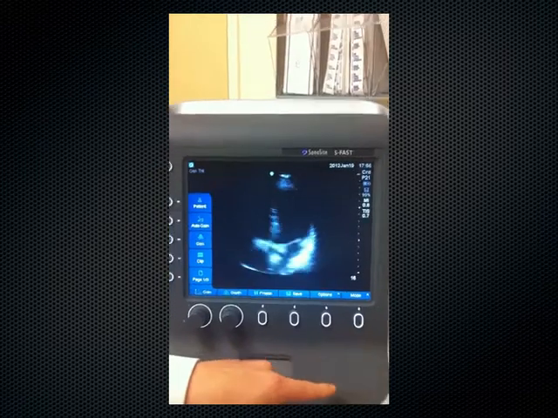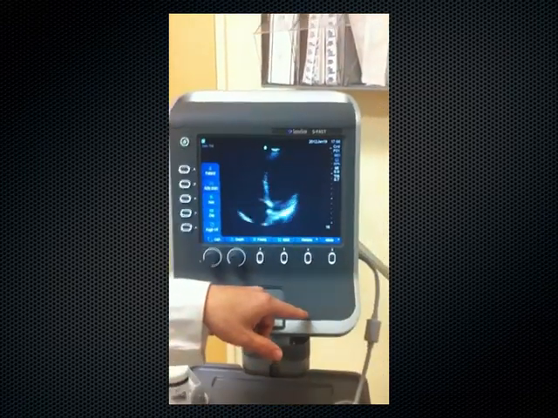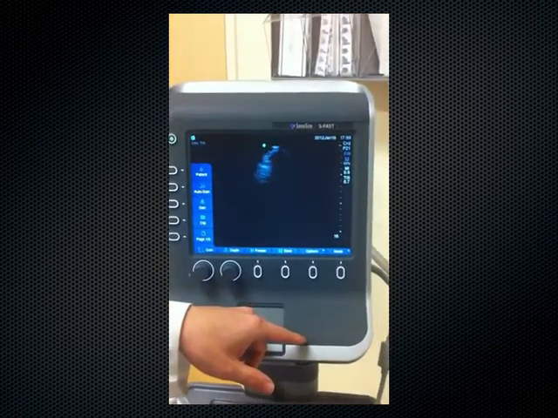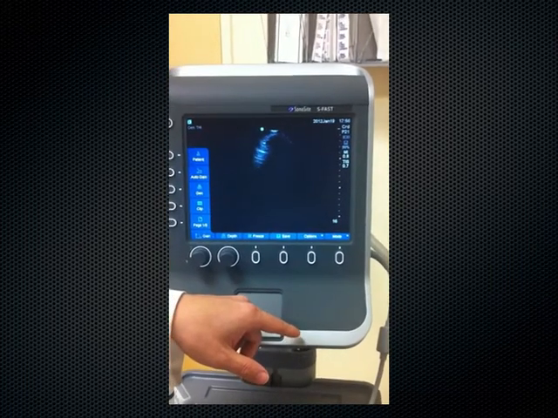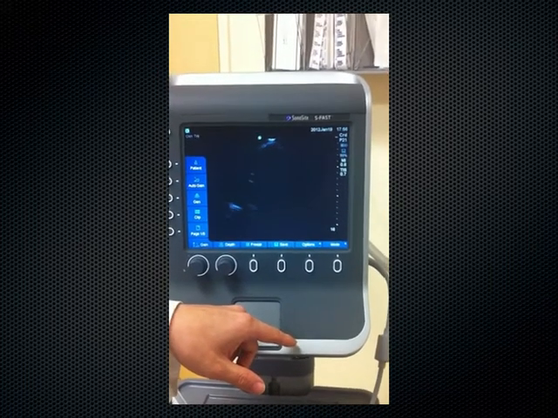Next, we're going to do a fifth chamber view of the heart.